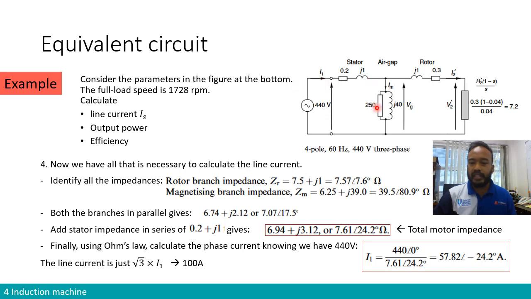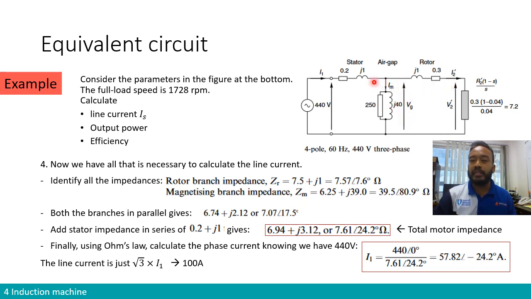If we look at this circuit, we first need to identify the impedance of each branch. There is one branch where I1 comes in, and then it separates at this node into two branches, one branch of IM and another branch of I prime 2. So the current I1 separates into IM and I2.